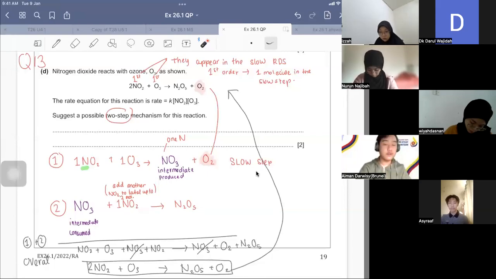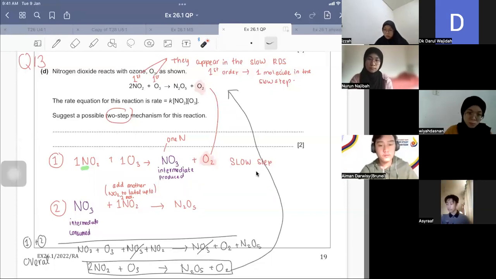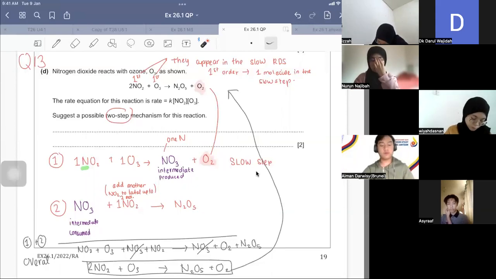So usually when the question asks us to write down the mechanism, it requires a little bit of thinking, okay, rather than if we were asked to do the reverse, okay. Usually most questions, they give us the mechanisms and then we have to write our rate equation given the slow rate determining step, okay.